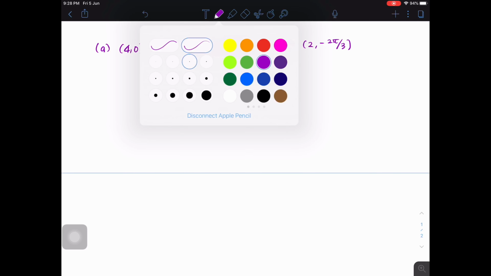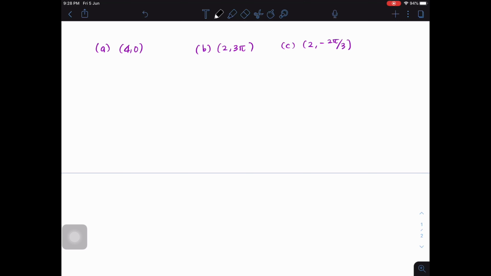Let's try to plot the following points in polar coordinates. Let's say we have A: point 4, 0; for B we have point 2, 3 pi; and for C we have point 2, negative 2 pi over 3. Let's see how to plot these points. For the first one, point 4, 0, in polar coordinates we know that 4 is the distance from the pole to the point and 0 is the theta, or the angle.